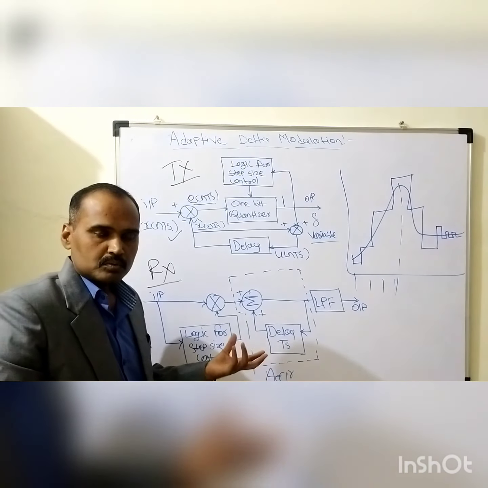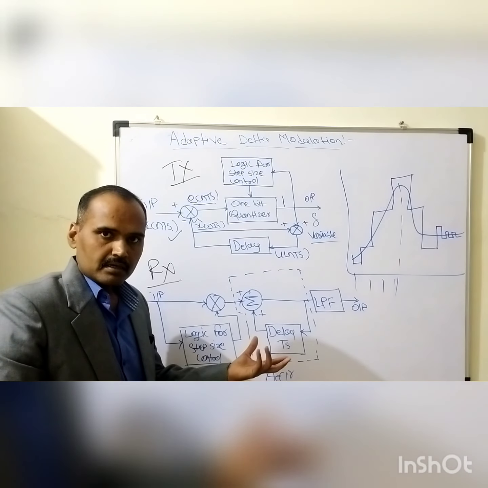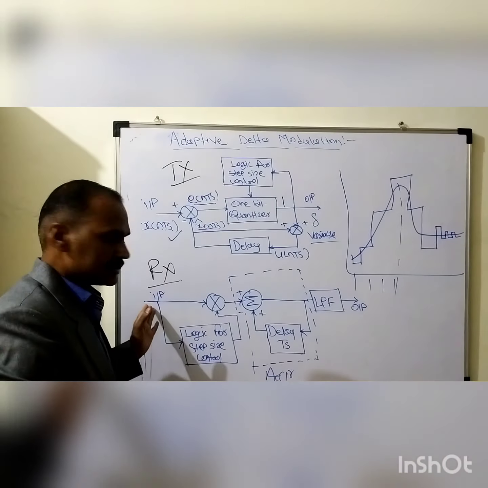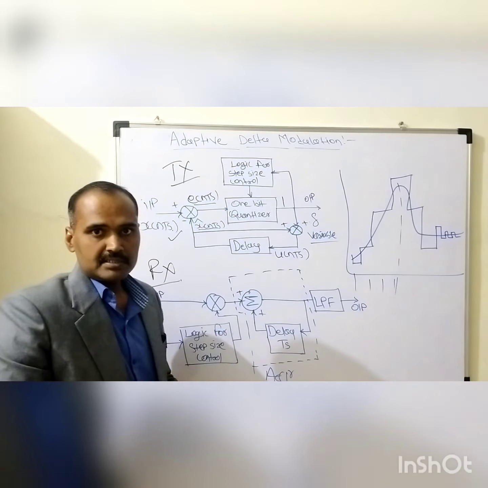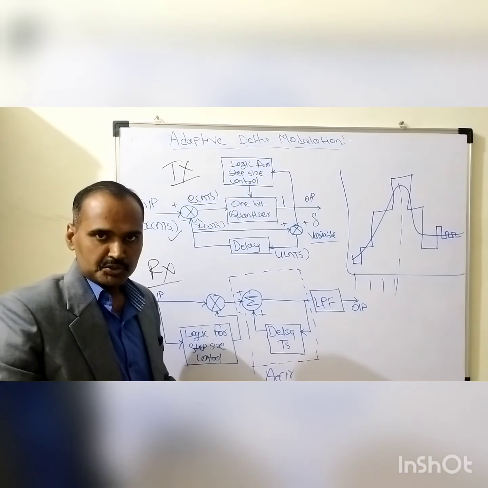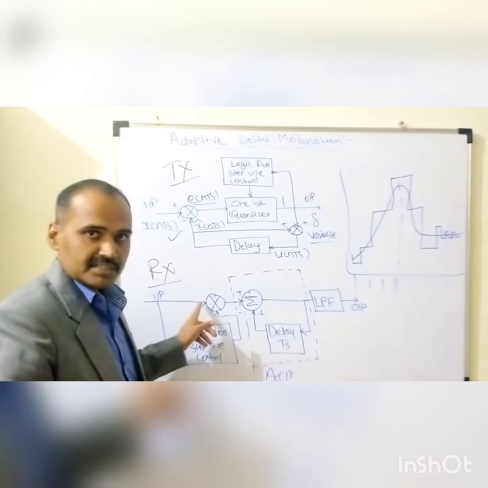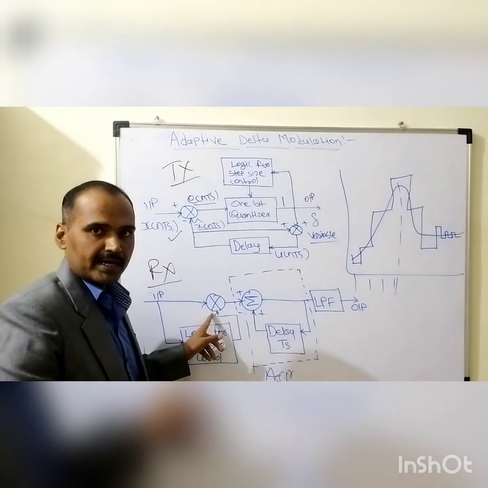The step signals are being recovered from the received symbol sequence of ones and zeros. Just similar to the transmission process, the present and past sample values are being added with each other to generate the desired step signal, which is given to one of the inputs of this comparator.